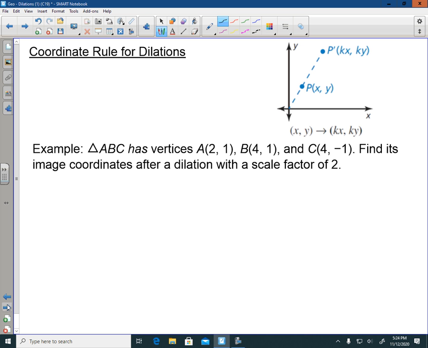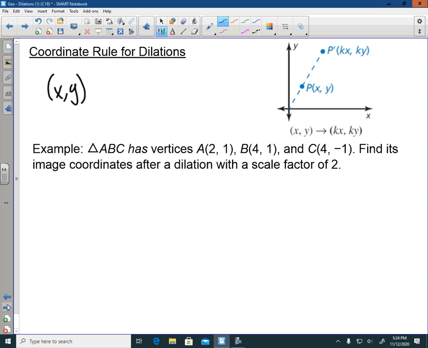Okay, so that's how you calculate scale factor and you tell whether or not something is an enlargement or a reduction. But that's sort of general stuff. Now let's think about it in terms of geometry. Just like with reflections, just like with rotations, there's rules involved. And it turns out that for dilations, there's one rule, and it looks like this.